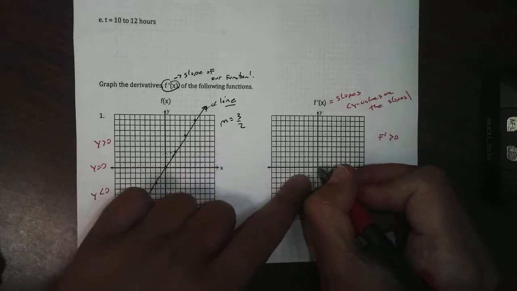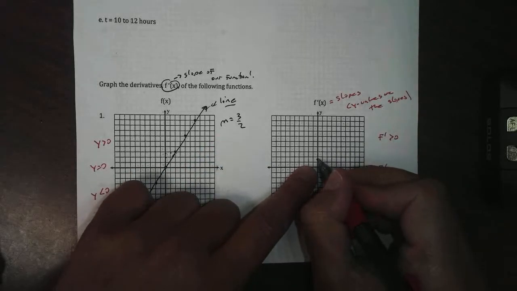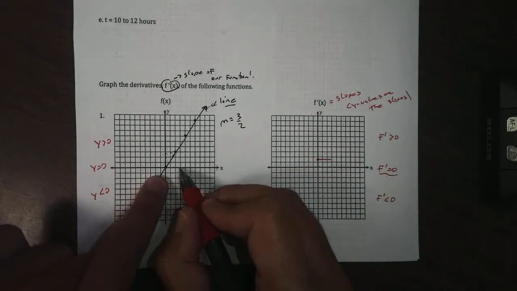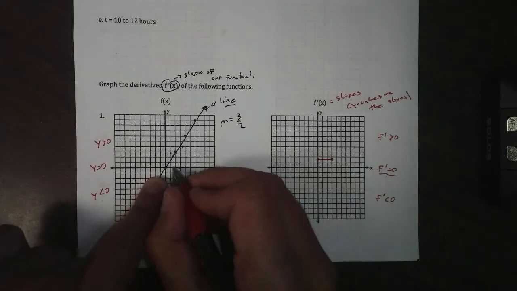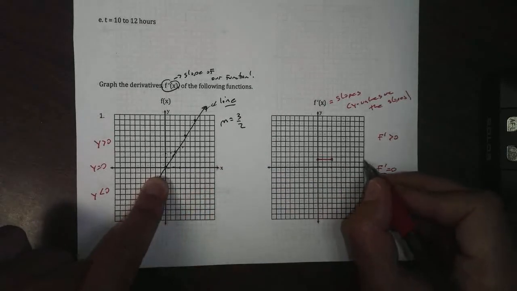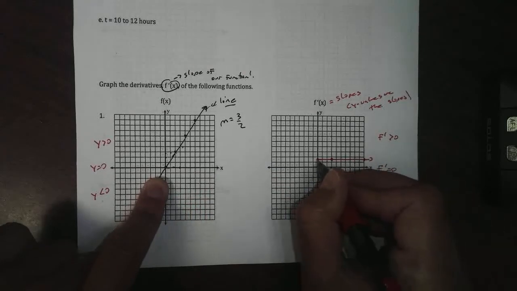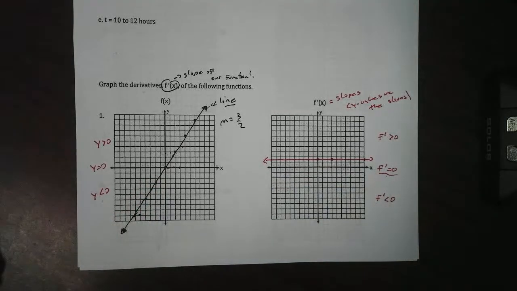So if I go up on my y-axis at 1.5 right here, I'm going to get a horizontal line, because no matter where we go, when my x is 3, for instance, my slope is still 1.5. When my x value is 10, my slope is still 3/2. So we're going to get a horizontal line right there. And that would be the value of our derivative.